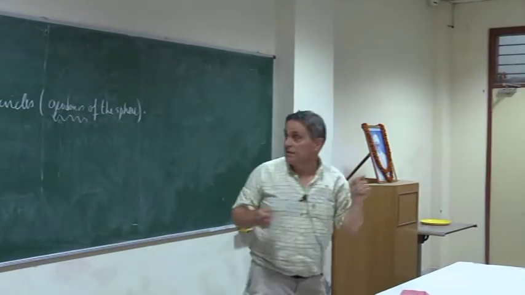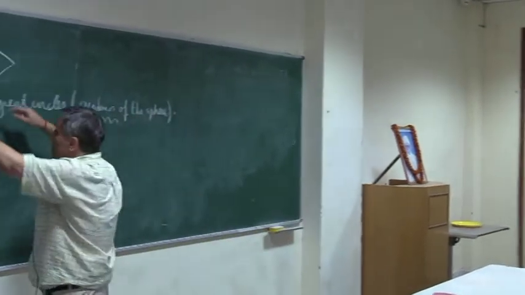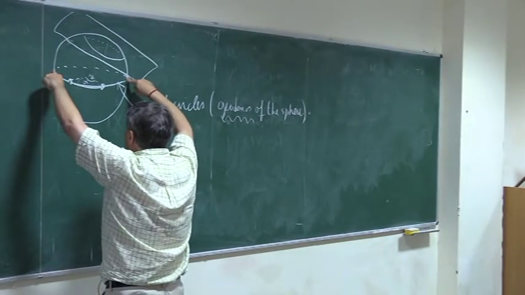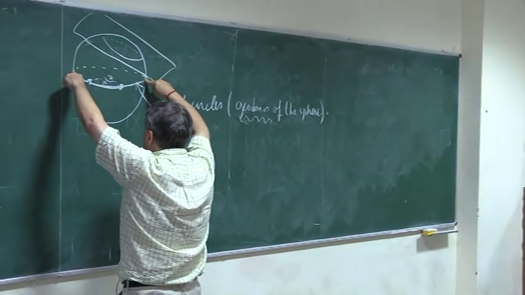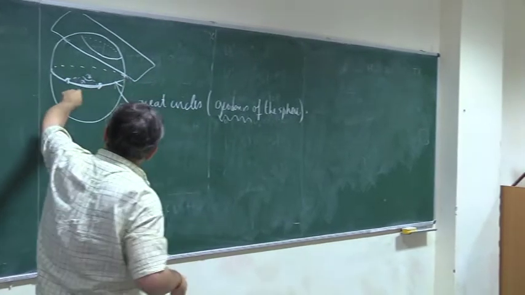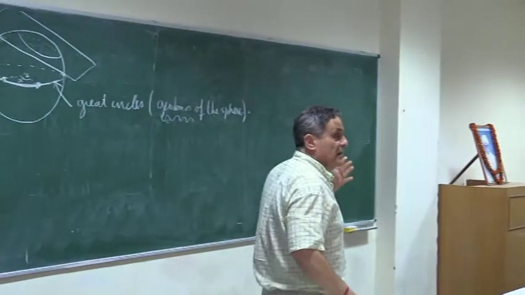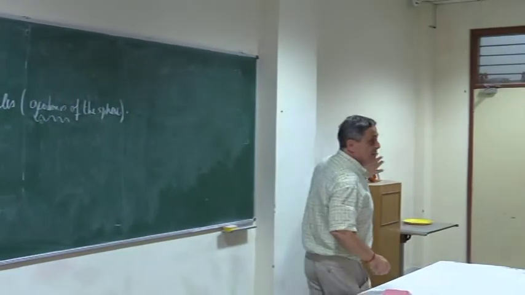So the maximum distance between 2 points on the sphere is where my 2 points are diametrically opposite on a great circle. So the maximum distance of 2 points of the sphere is pi, right? The angle is pi. The maximum distance is pi.